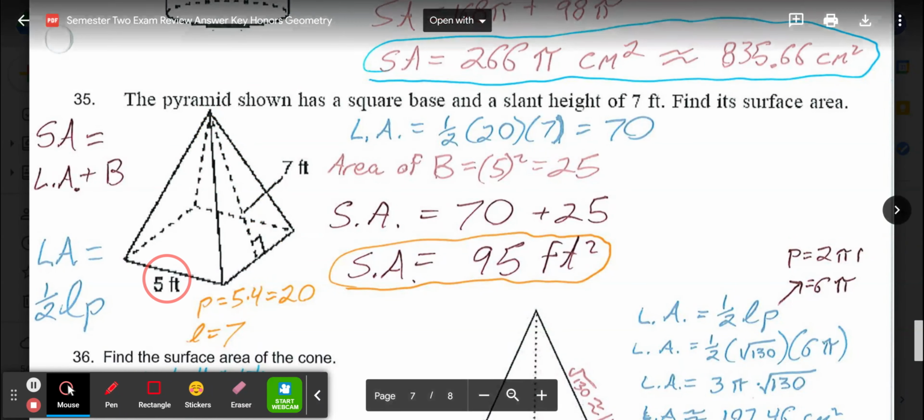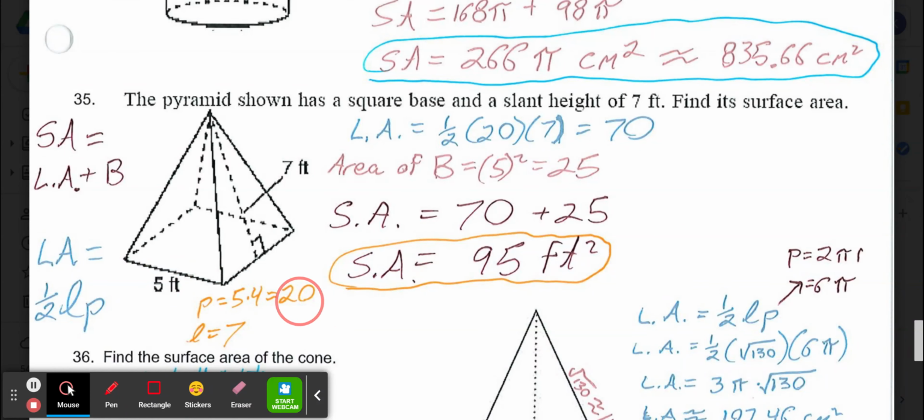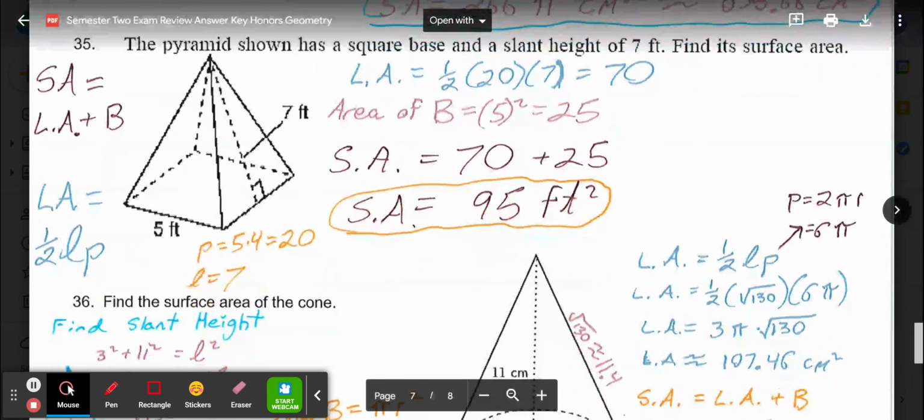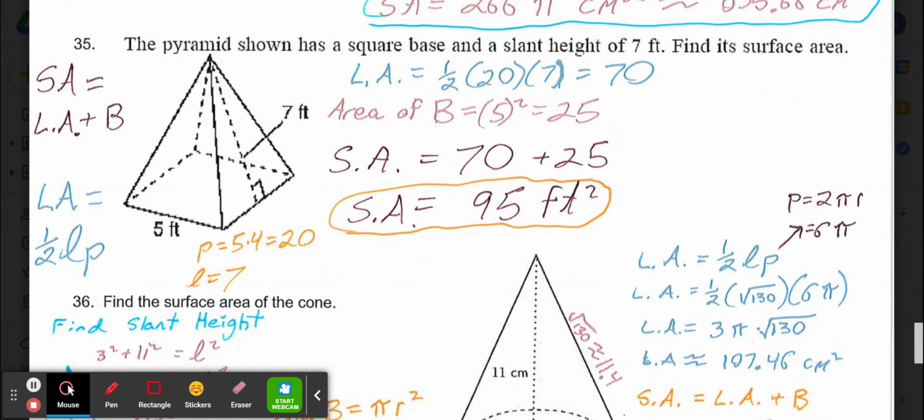Perimeter of the base, which is a square, would be 20, 5 times 4. So our lateral area, 1/2 of 7 times 20, is 70. Area of our base, which is a square, would be 5 squared, or 25. So our surface area is 70 plus 25, which is 95 square feet.